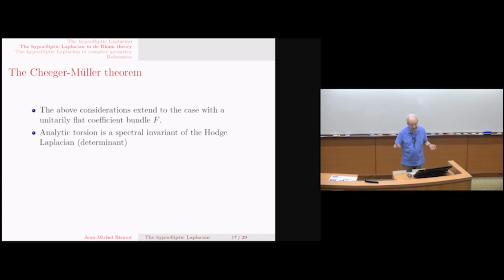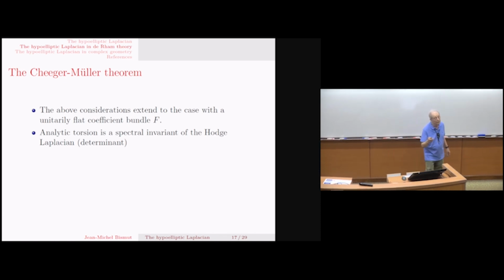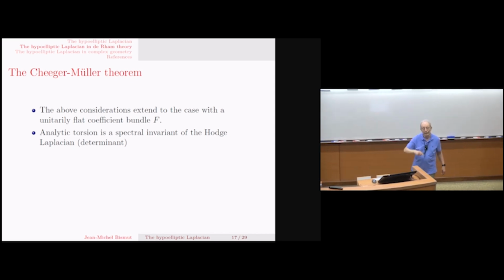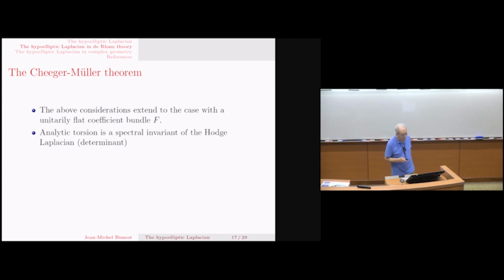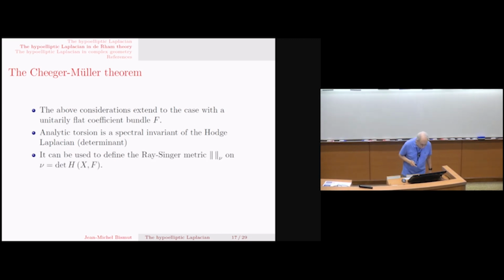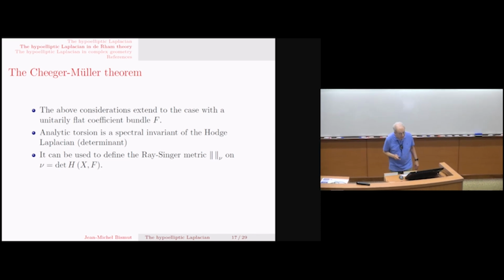It's actually obtained via the determinant of the Laplacians in various degrees. You can obtain the determinant from the zeta function by looking at the derivative at 0 of the zeta function. That's a formal version of the log of the determinant. This analytic torsion was used by Ray and Singer to define the Ray-Singer metric on the determinant of the cohomology.